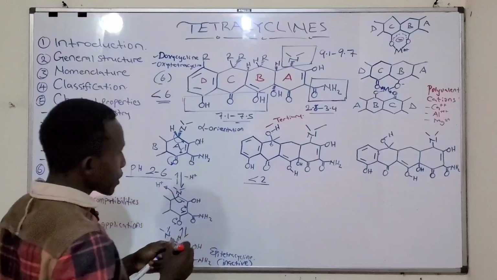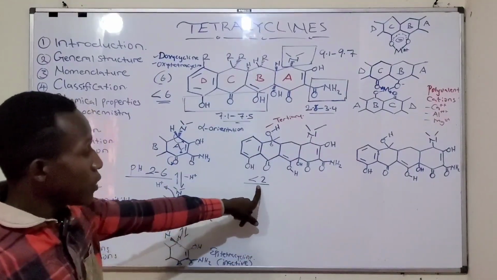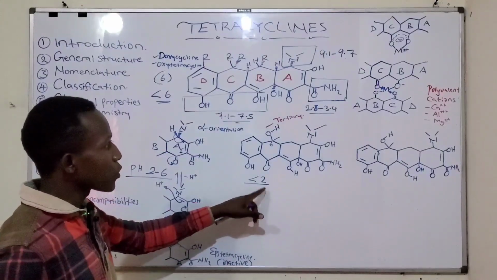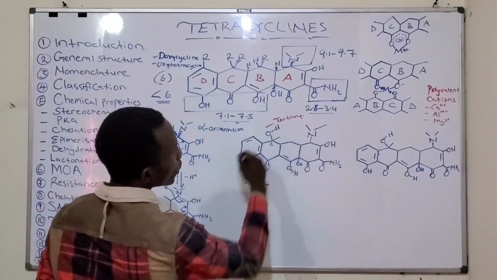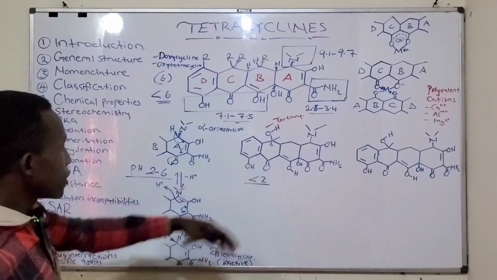All those tetracyclines with a tertiary alcohol at position 6 undergo this mechanism, as we are going to see, and they are inactivated. Those which lack this OH group are safe. They are not liable to this acidity.